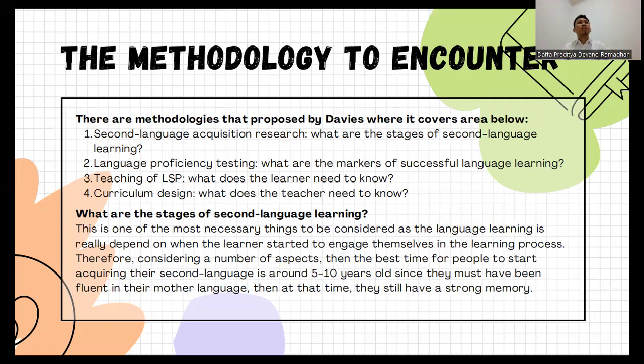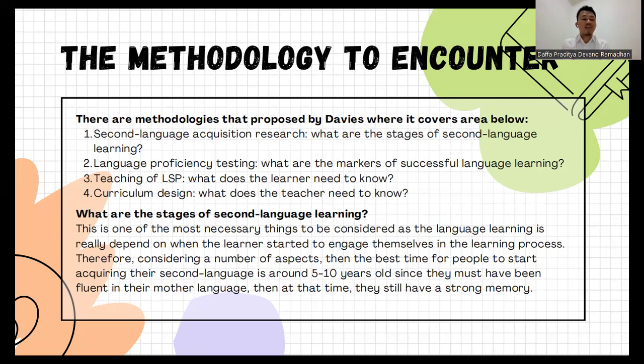As I previously mentioned, we have to consider that language learning really depends on the learner itself. Learners start to engage themselves in the learning process, and considering a number of aspects, the best time for people to start acquiring their second language is around 5 until 10 years old. Why?